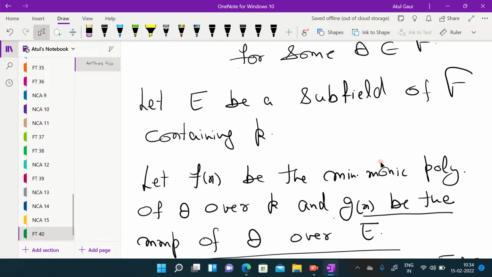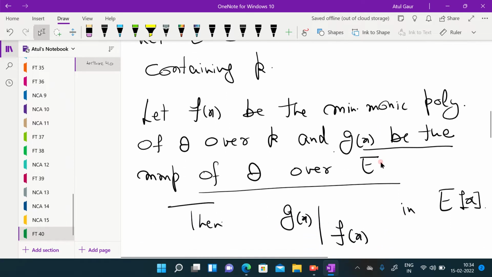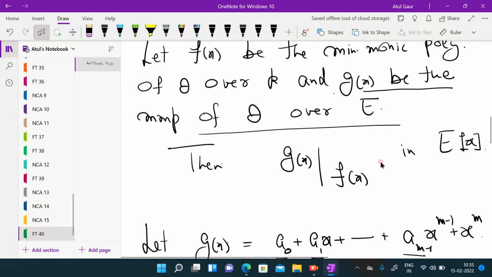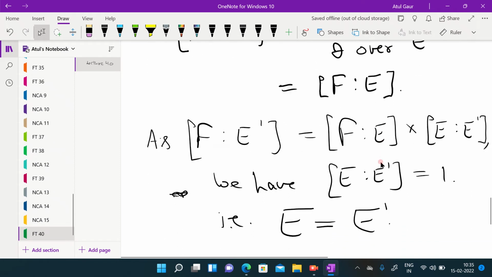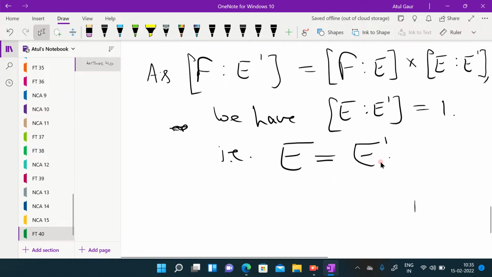So what we are looking for, we want to show that there are only finitely many subfields in between F and K. So we consider arbitrary subfield E in between F and K, right? तो ये जो arbitrary subfield है, finally what we have proved कि E can be obtained by adjoining all the coefficients of MMP of theta over E to K. Is that fine?